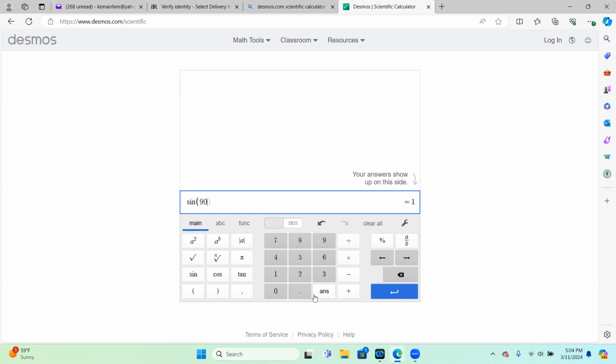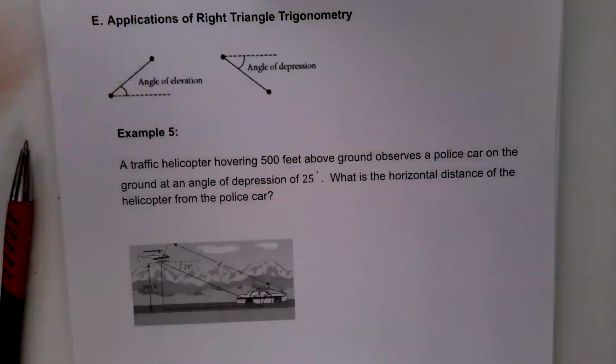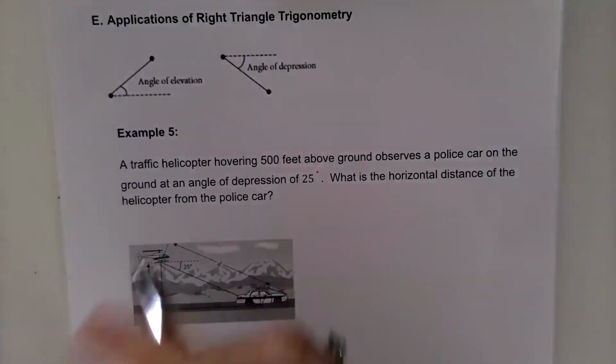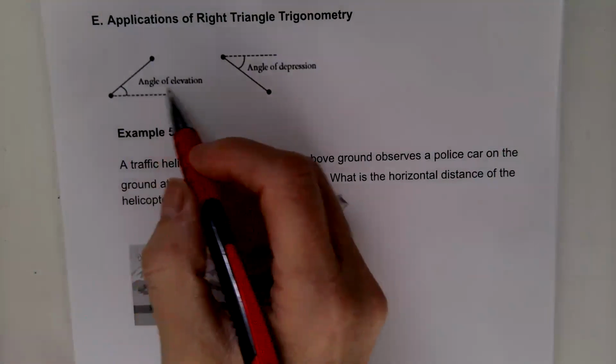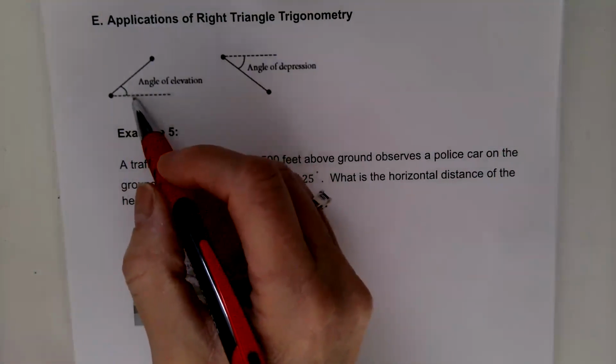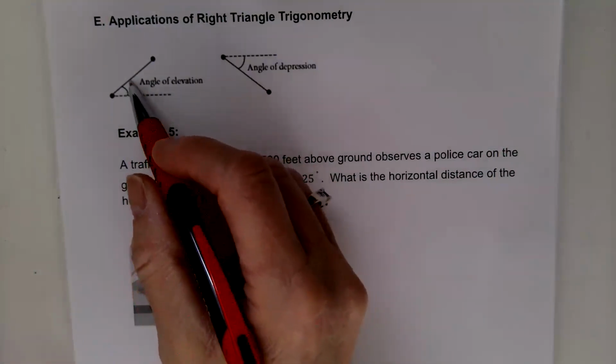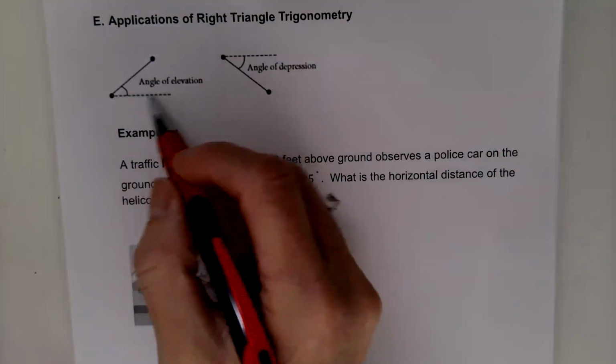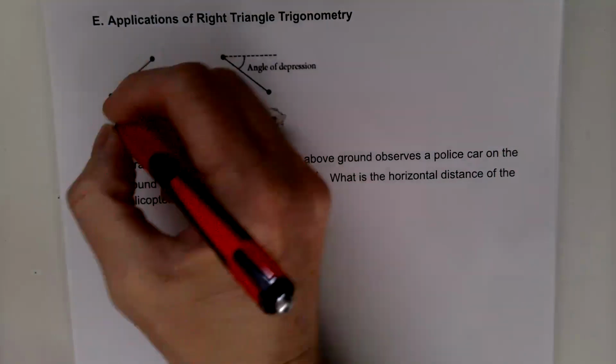So let's go back to our paper for a moment for our last problem. We are using some definitions of the angle of depression and the angle of elevation. The angle of elevation is the angle at which I'm elevating from the ground, so from the ground going up.